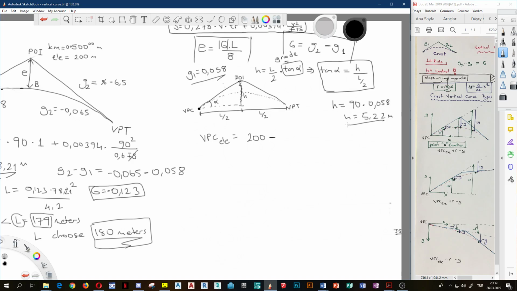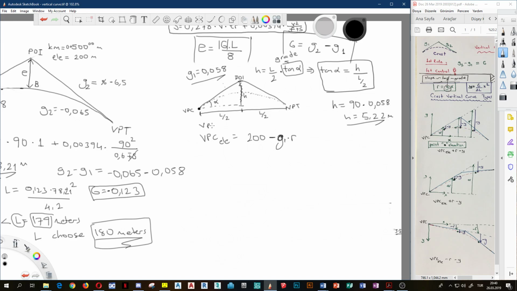And VPG elevation must be equal to R times G1. If you look at the slide about this vertical curve, I sent all the slideshows on WhatsApp.